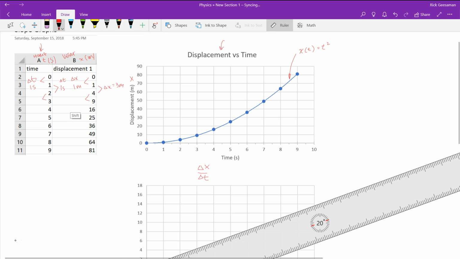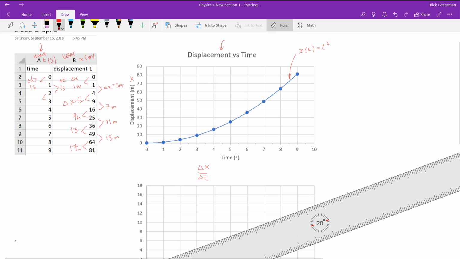Between the next two, our delta x is 5 meters, and so on. We'll get 7, we'll get 9, all meters, I'm implying delta x here, 11 meters, 13 meters, 15 meters, and 17 meters.